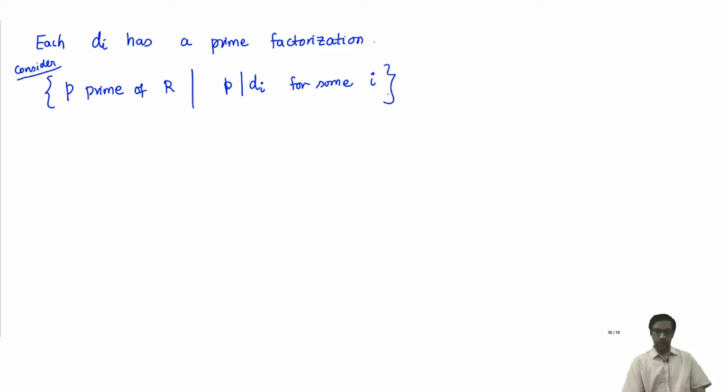So take the collection of all primes which divide the di's, and this is only a finite set because there are only finitely many di's, and each di will have some finitely many prime factors. So this full collection of primes which I get, let me call them P1, P2, ..., PR. Now consider these MPIs. The claim is that M is actually the direct sum of these MPIs.